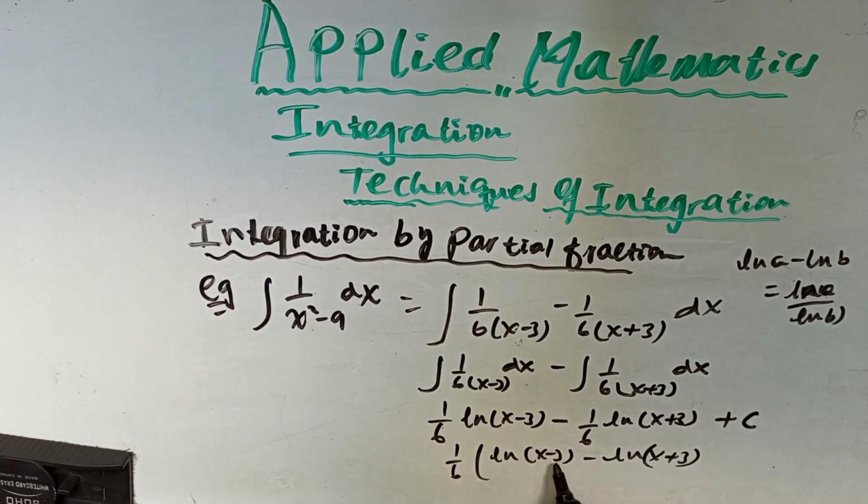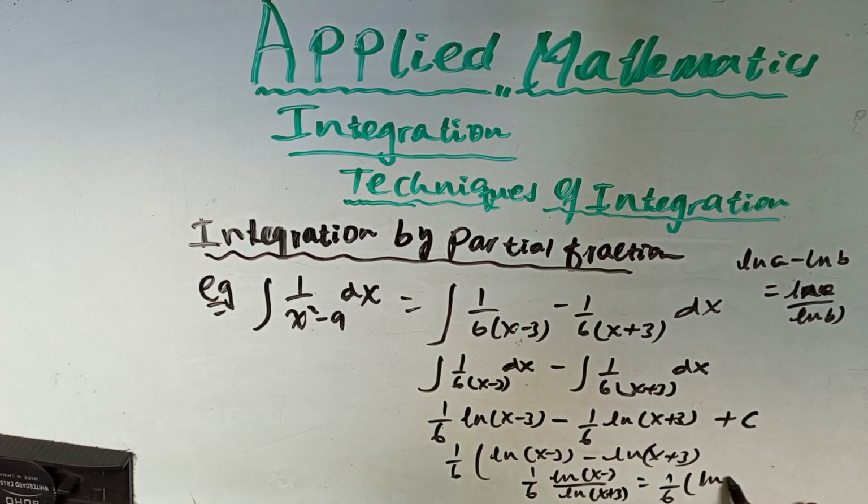So if we simplify further, we get 1 over 6 times ln of (x minus 3) over (x plus 3), plus a constant C. This is the final answer of this question.